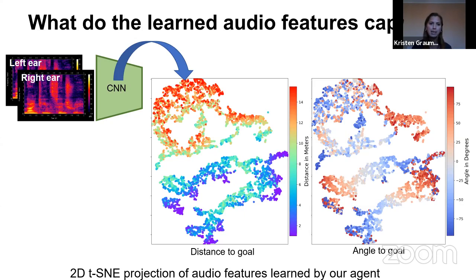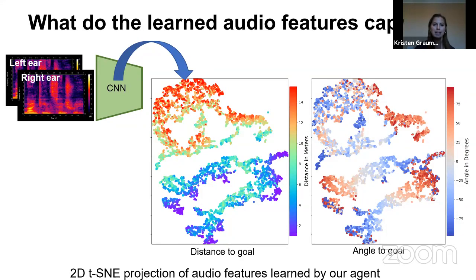And in fact, in this last slide, I'll show how if we look at the features that are learned within that navigation pipeline that I showed earlier, the features that are learned for the sound input are on their own starting to code for the very factors you want in order to solve the navigation task about space. So in these two t-SNE plots, we're looking at 2D projections from the CNN learned features.